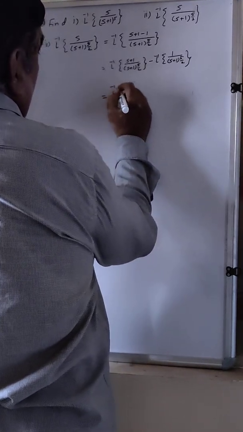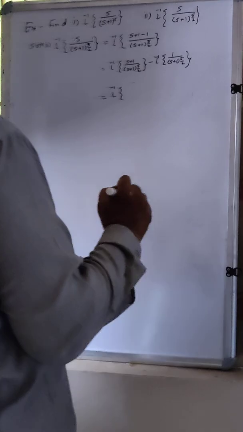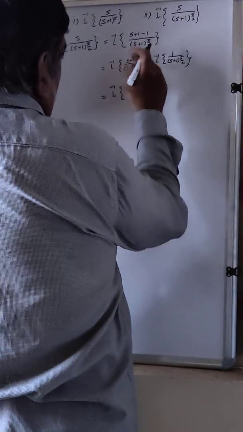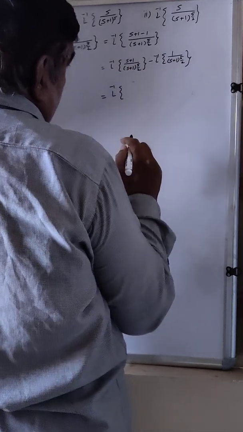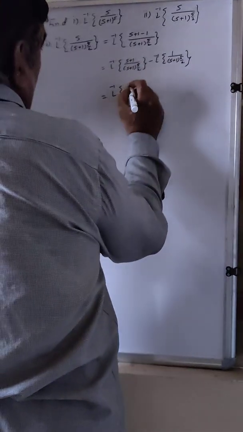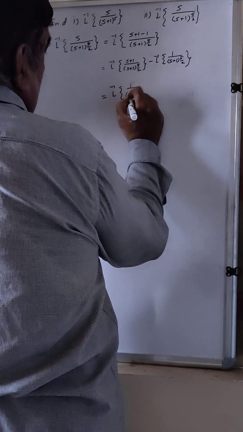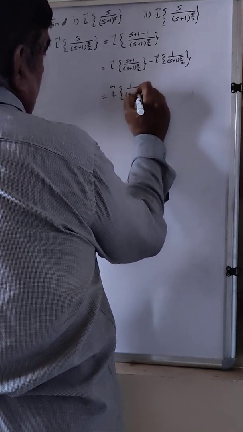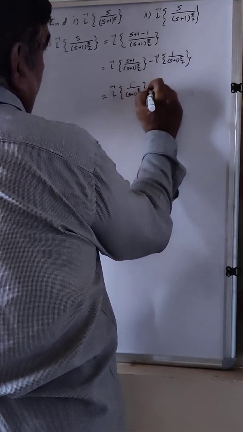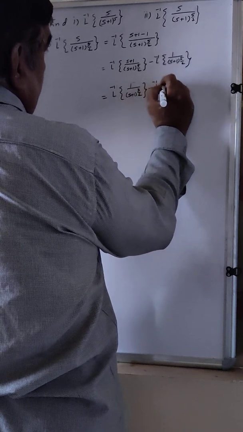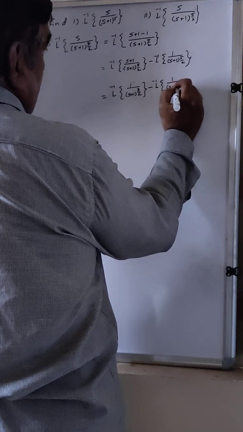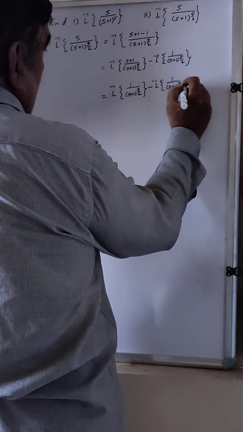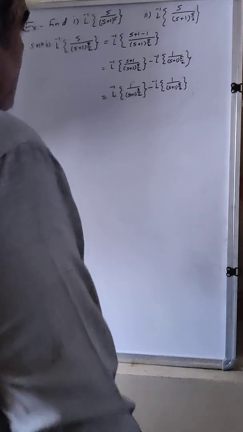Laplace inverse of, we put this in the numerator, (s plus 1) raised to 5 by 2 minus 1, that is 1 upon (s plus 1) raised to 3 by 2, minus Laplace inverse of 1 upon (s plus 1) raised to 5 by 2.